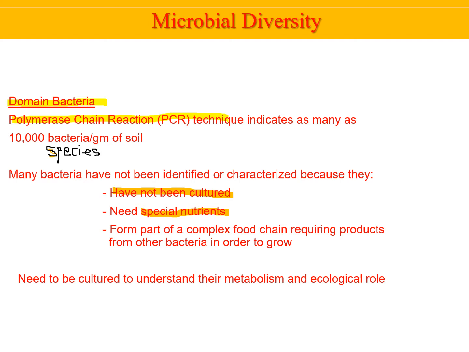So their nutritional requirements are extremely complicated. There is a complex food chain present in the environment, requiring products from one bacteria in order for another to grow. And if we can't culture bacteria, then it's very difficult for us to identify it or understand its role, ecological role, or its metabolism.